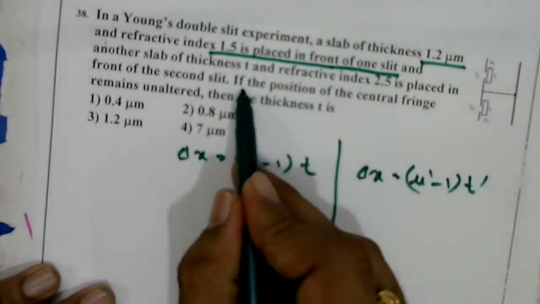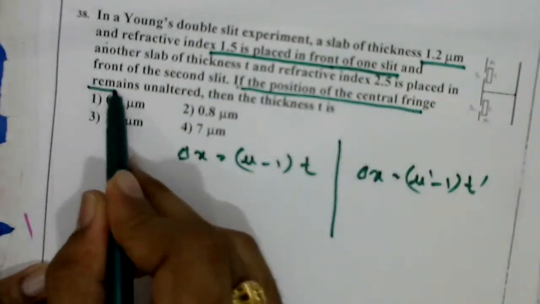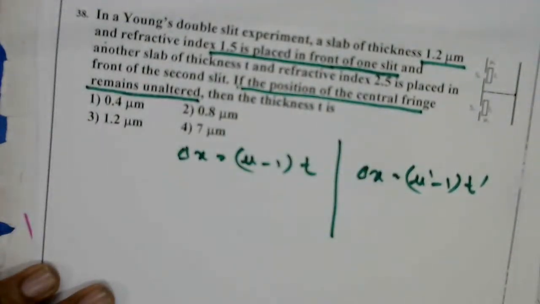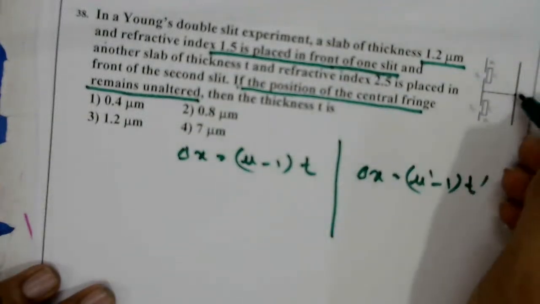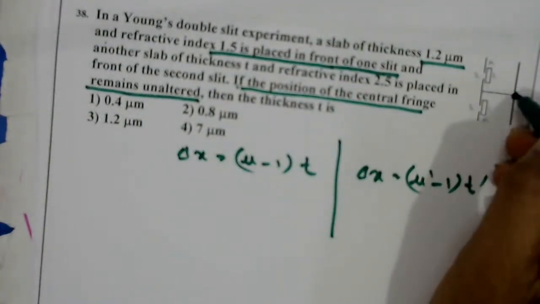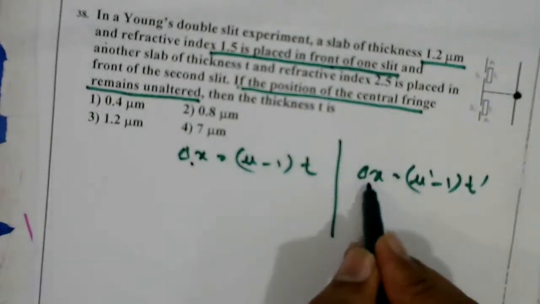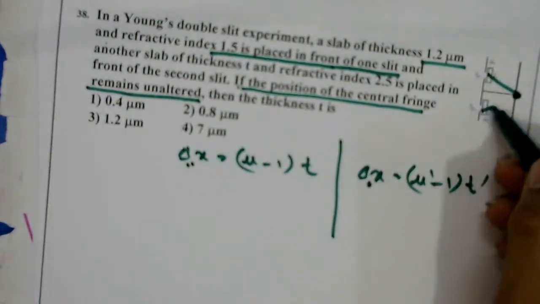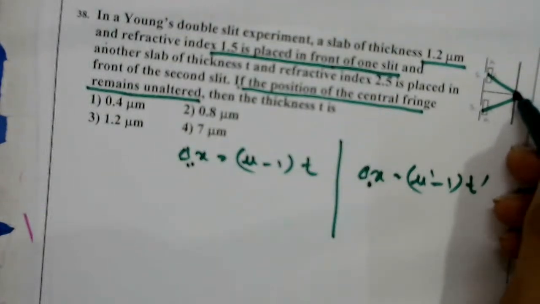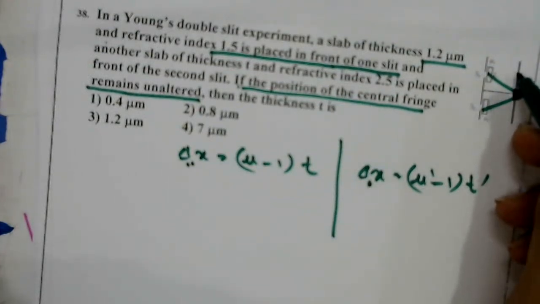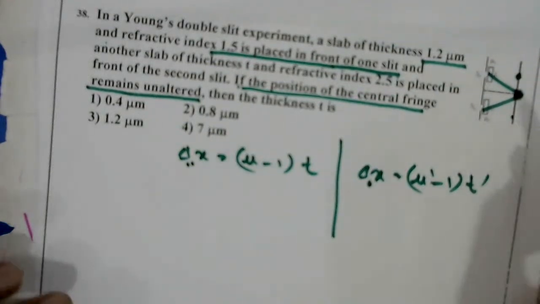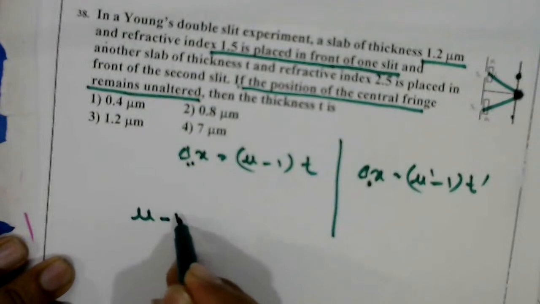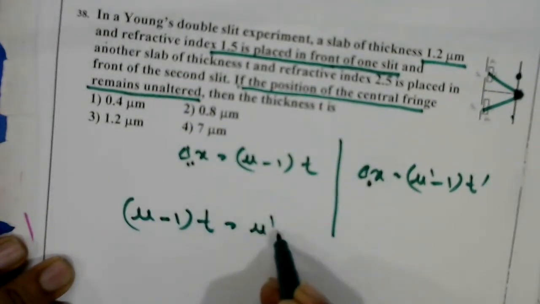If the position of the central fringe remains unaltered, what is the meaning of this? The path difference of the first case should be equal to that of the second case, then only the center will be the same. If it is altered, we'll get a shift upward or downward. That's why we can write (mu minus 1) into T equals (mu dash minus 1) into T dash.